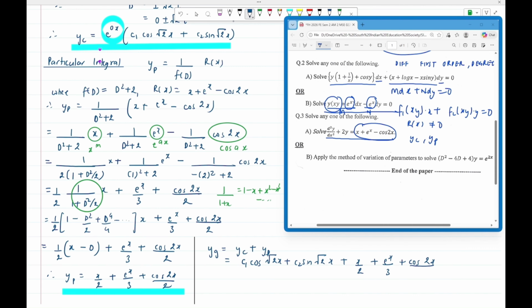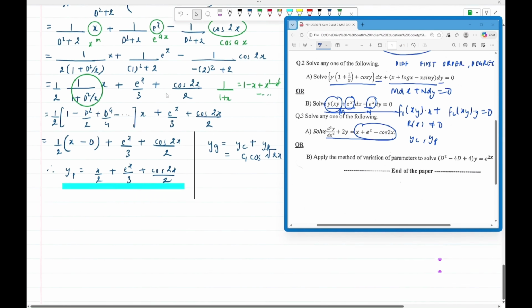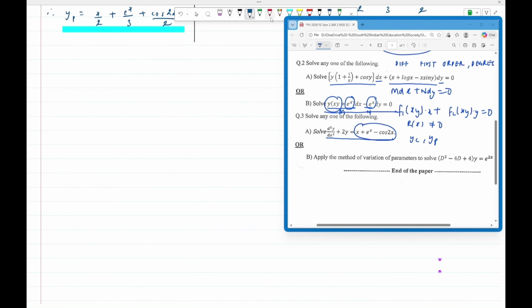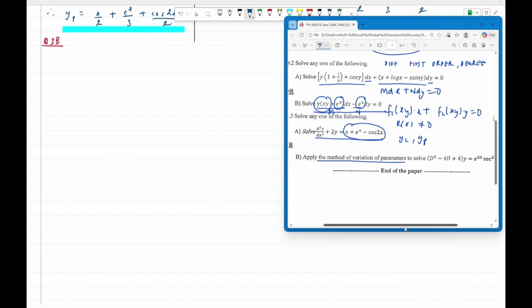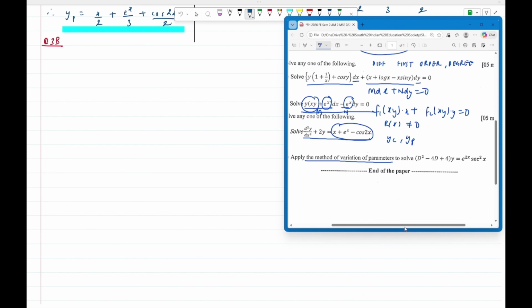Now on to the last numerical 3b of this video and also of the MSE examination. So question 3b, and you can see that the question clearly mentions that you need to apply the method of variation of parameters. Even if it is not said, how do you decide whether we need to apply the method of variation of parameters?